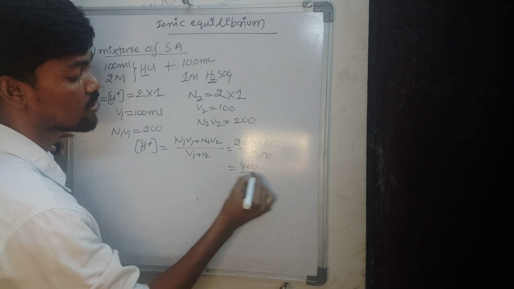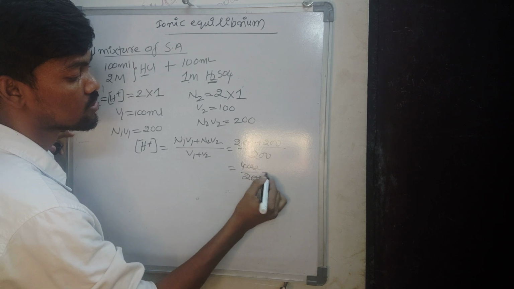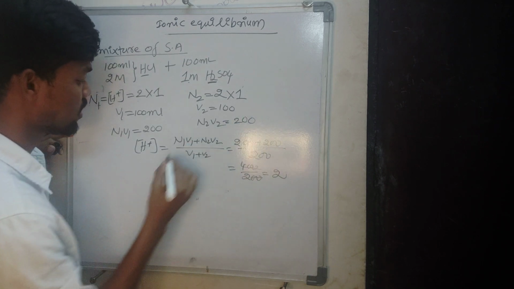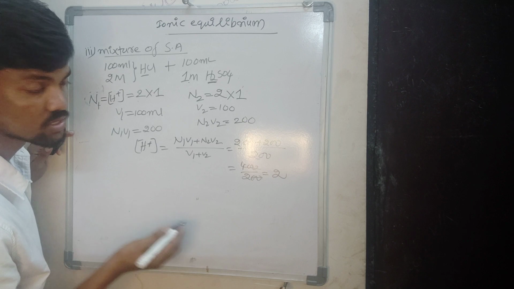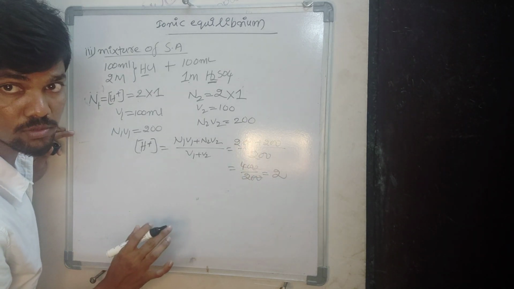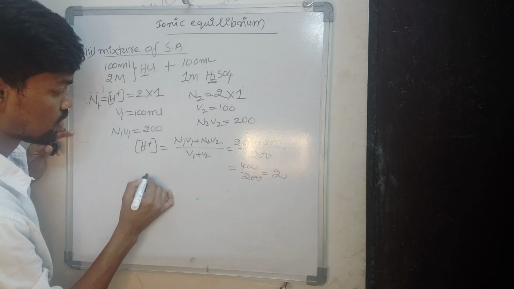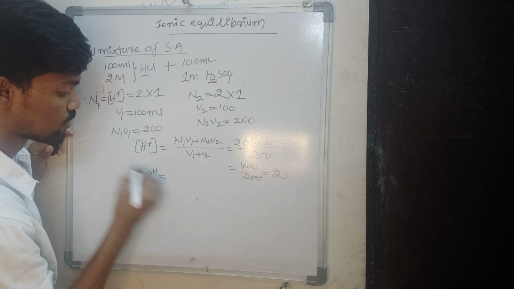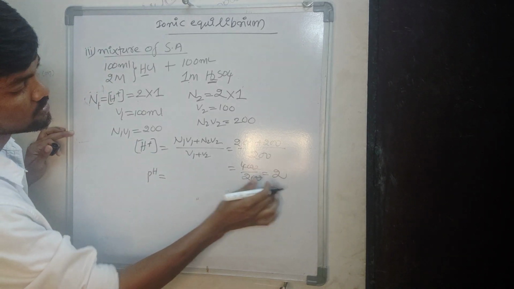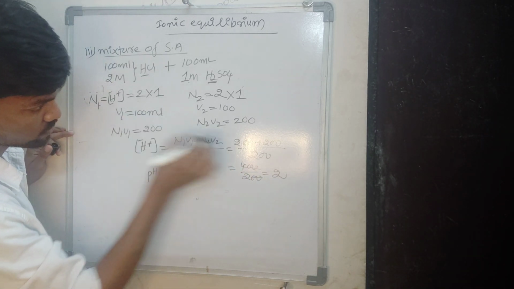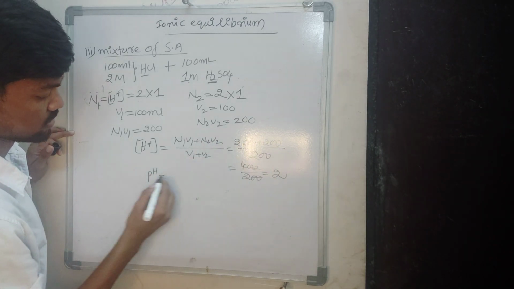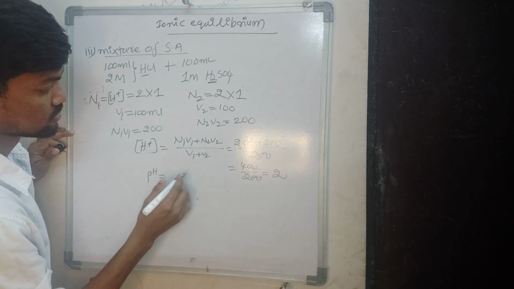Totally 400 by 200, so 2 is the H plus concentration. Is there any doubt? So how can you find out the pH value?